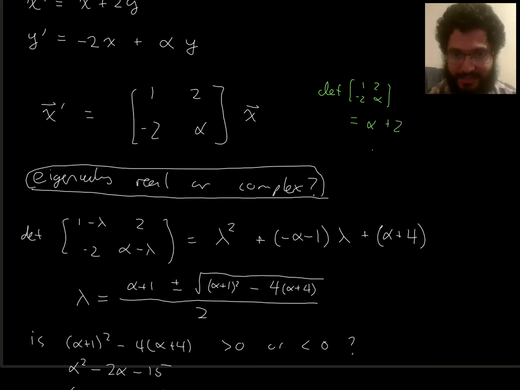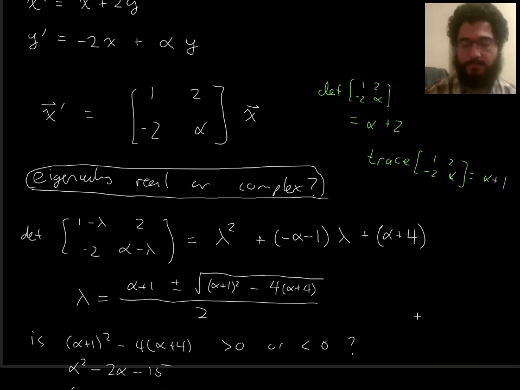Okay, that's interesting. And then the trace of that matrix, the sum down the diagonal, is alpha plus 1. All right, and different things happen depending on whether the determinant is positive or negative, and different things can happen depending on whether the trace is positive or negative.